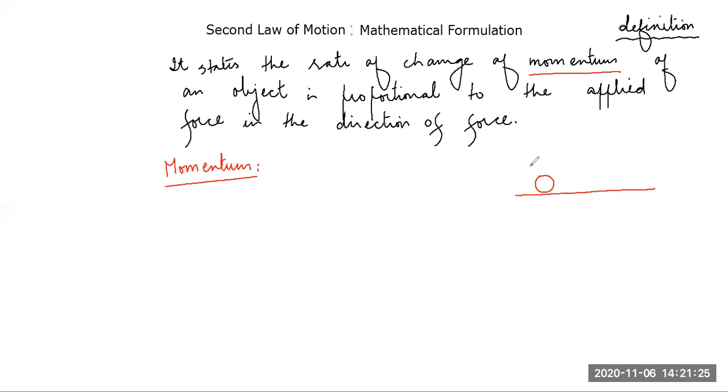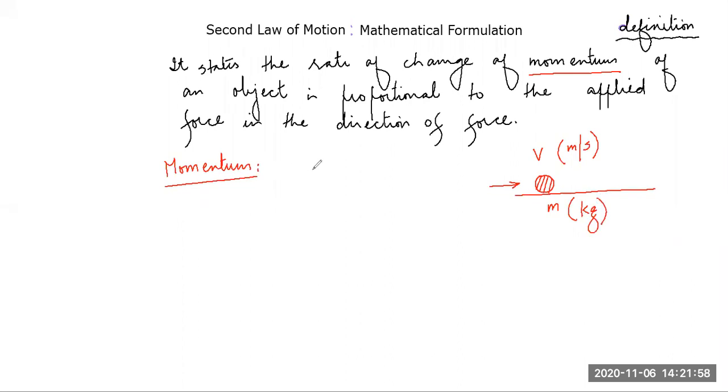The ball is moving with velocity v, and m is the mass of the ball. This is the object. So v is the velocity. What is the unit of velocity? Meter per second. What is the unit of mass? kg.